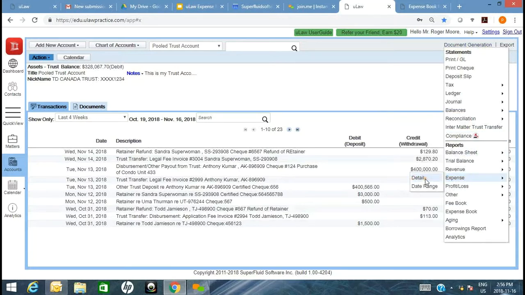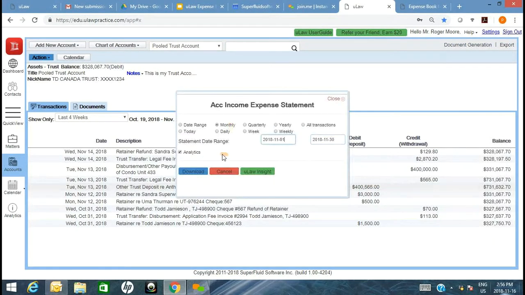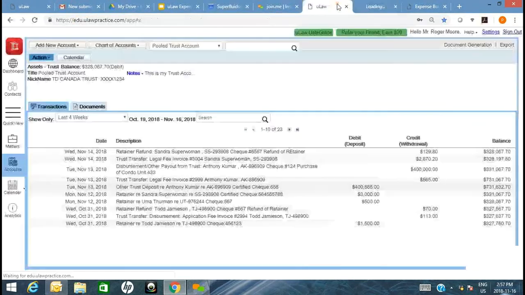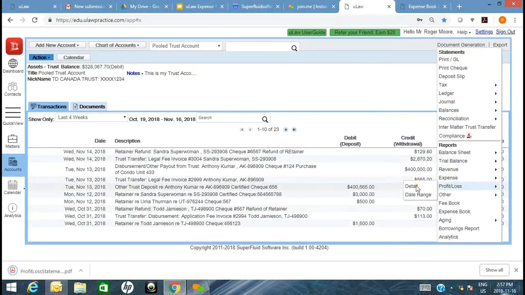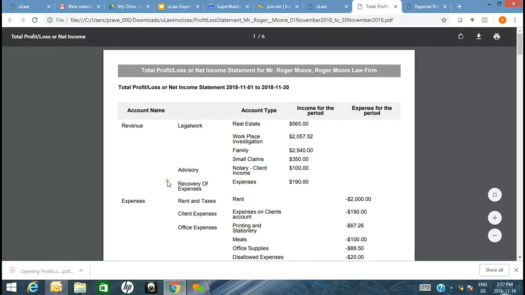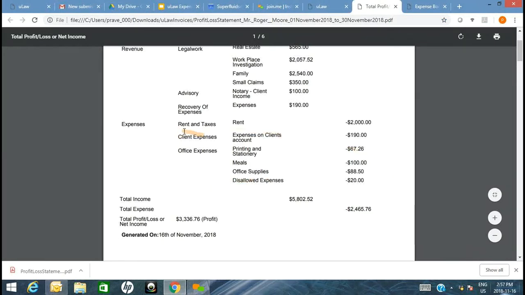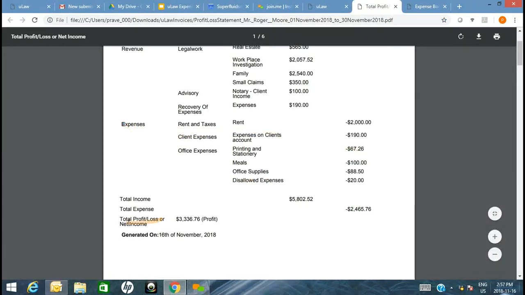You can obviously do an expense report, a profit and loss report. If I were to do this for the month of November, the profit and loss statement would obviously include the expenses incurred that particular month, the revenue generated. You can generate the fee book as well, a click of a button. So if you look at my profit and loss statement for the month, it tells you the expenses.